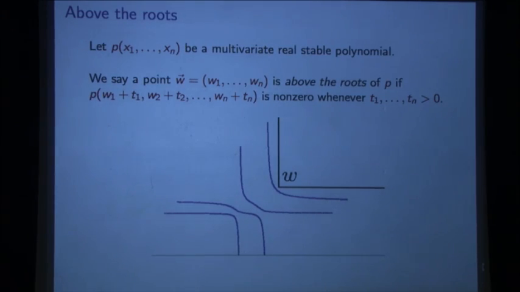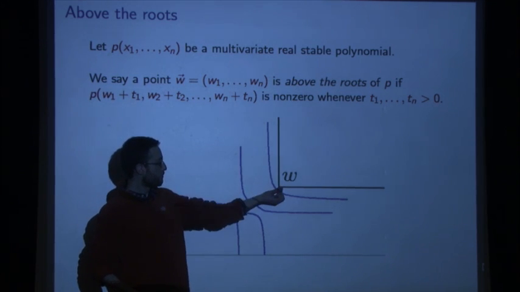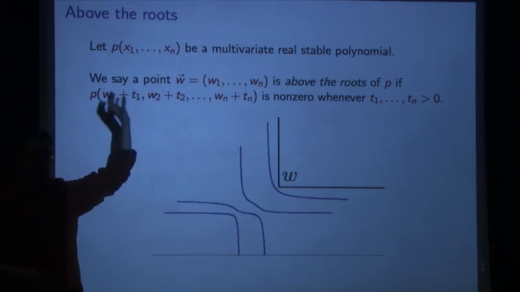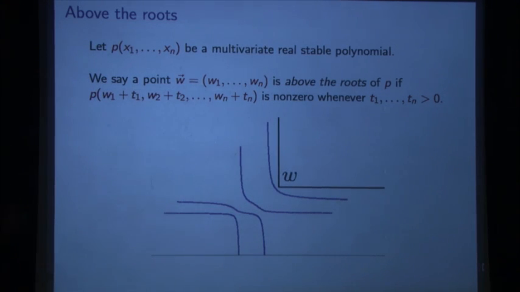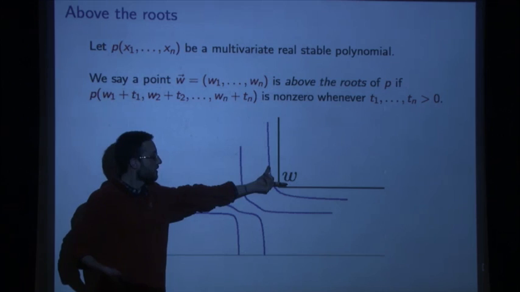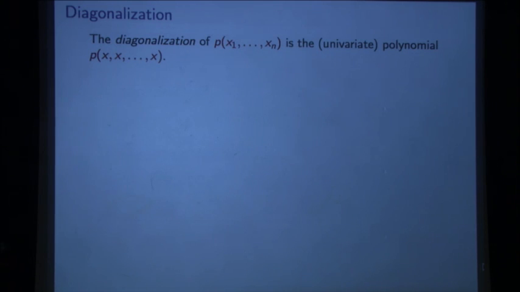I'm going to say that w is above the roots of P if I take the positive orthant and root it at w, I never cross the zero lobes. Essentially this lobe contains a copy of the positive orthant. I can move in any positive direction and never touch that zero.